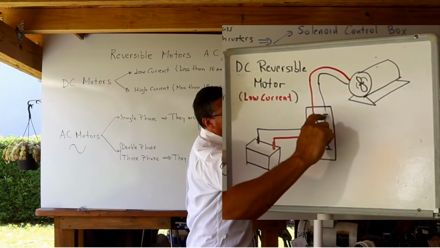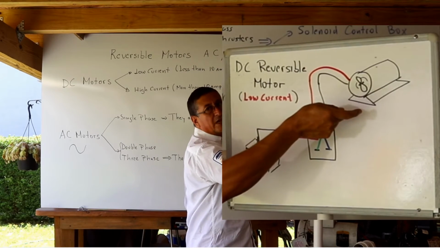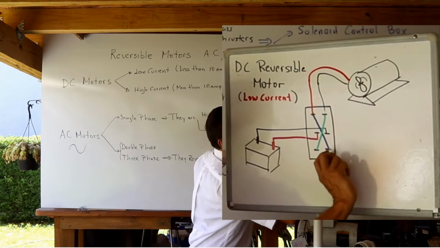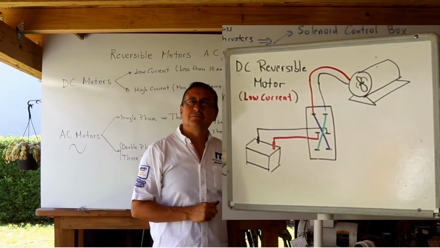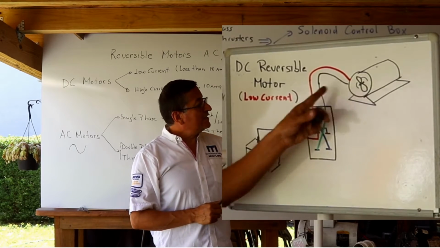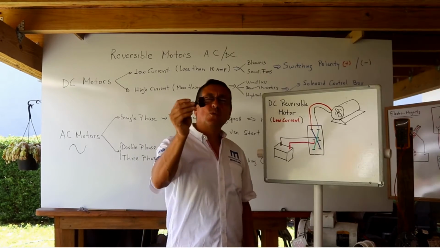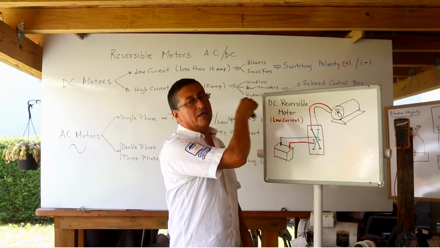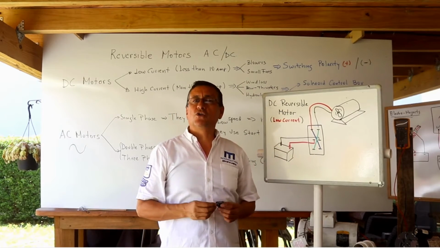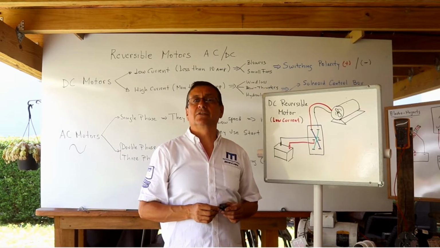When I select the top position, the motor spins clockwise. When I select the bottom position, the motor works backward. You can change the rotation with a simple double switch, connected in this way, for small motors with less than 10 amps.